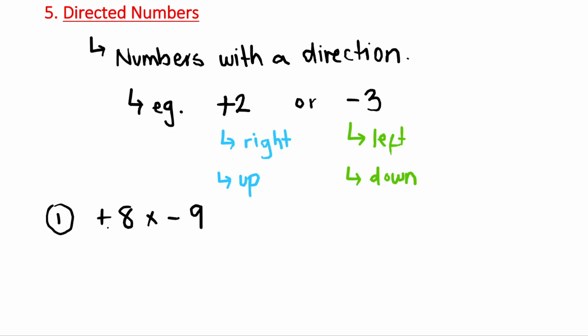But we usually don't write the positive sign when we're talking about numbers, because every time we don't have a sign, it is understood that it is a positive number. What is the answer for this one, by the way? I'm starting on the positives, 8 times. I find a negative, so it's going to throw me to the negative side. So this is going to be equal to negative 72.